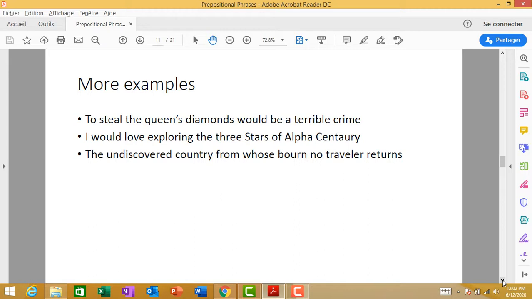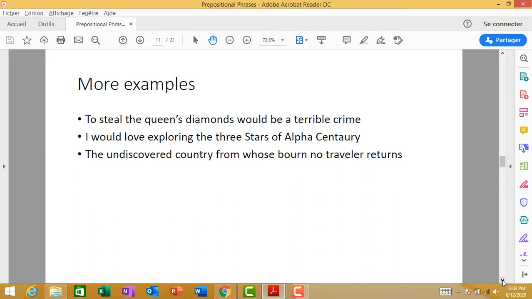Another way you could use that would be the gerund. So to steal or stealing the queen's diamond, this is the noun. This is the crime. Stealing the queen's diamond would be a terrible crime. What would be a terrible crime? Stealing the queen's diamond or to steal the queen's diamond. So here it is used as a noun.